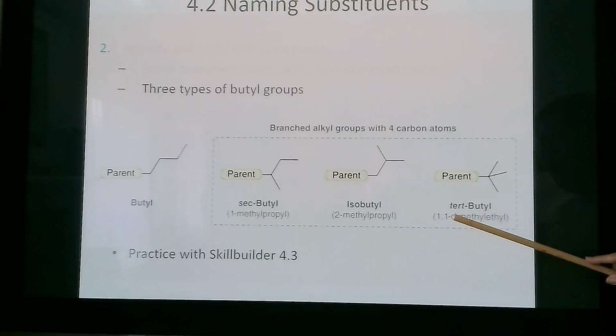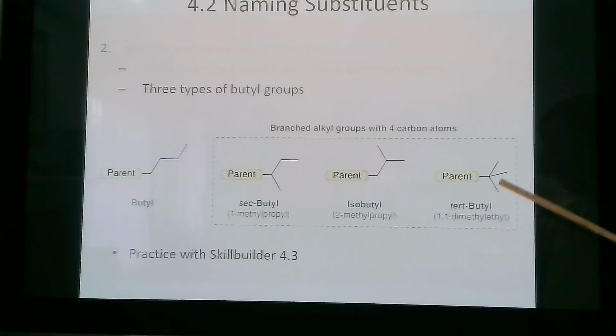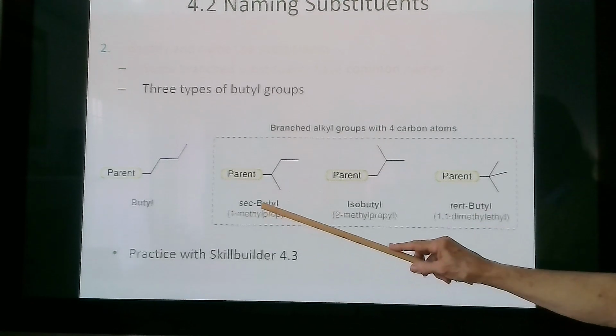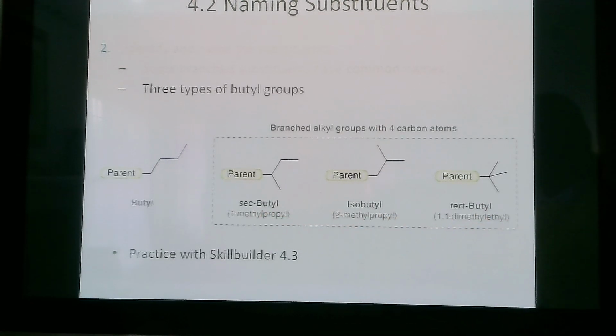And here, this is 1,1-dimethylethyl. So both of these methyls, this and this, are attached to the 1 carbon, because we start numbering at the carbon that is bonded to the parent chain. So this is an ethyl group bearing 2 methyl substituents. So 1,1-dimethylethyl. And notice they are all in parentheses, because when this nomenclature system is used, they will be in parentheses in the IUPAC name.